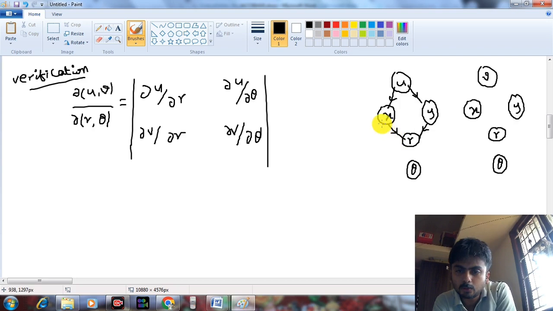So here it is a composite function of two variables.